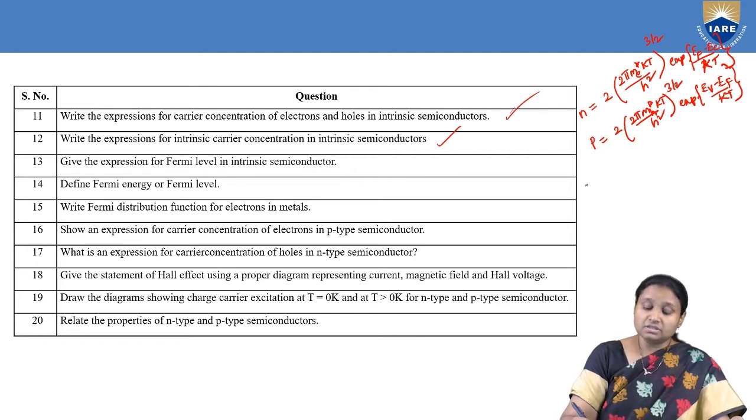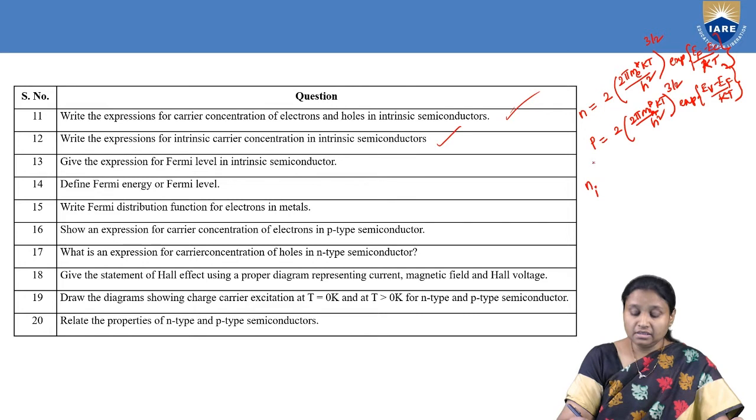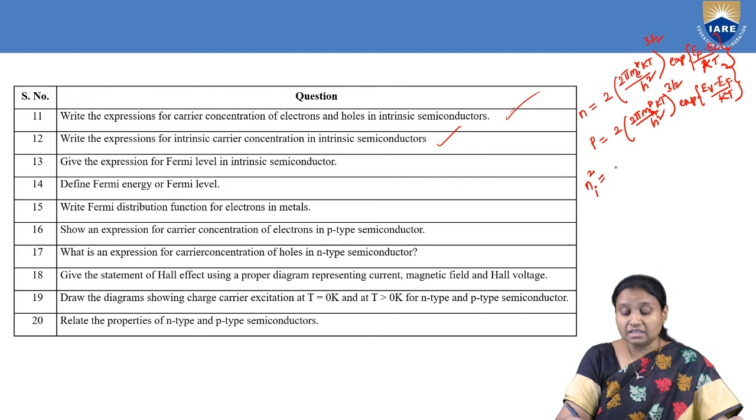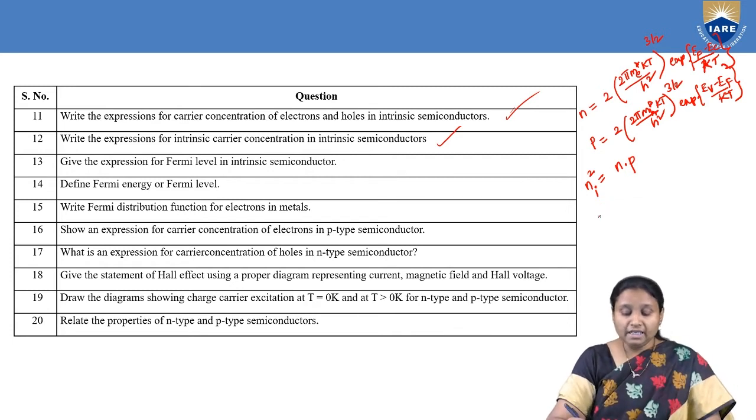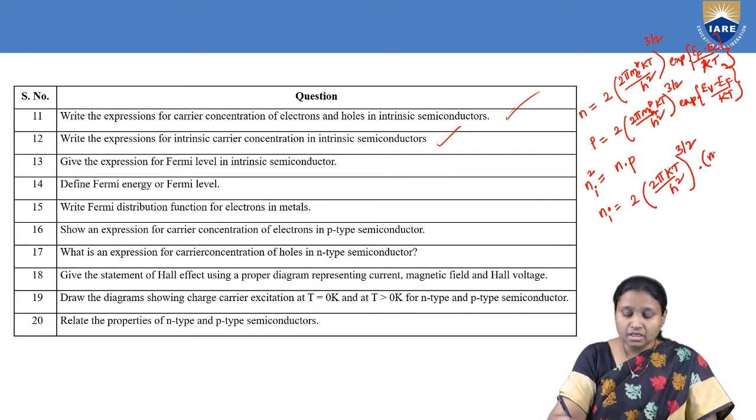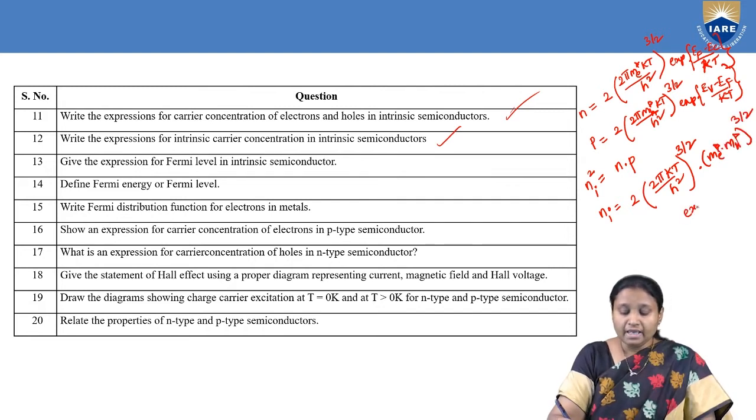Then write the expression for intrinsic carrier concentration. Now intrinsic carrier concentration is represented as ni, and in order to get it, we multiply the expression for density of electrons in the conduction band and density of holes in the valence band. If we do it, we end up with intrinsic carrier concentration as 2 into (2 pi kT by h square) whole to the power of 3 by 2 into (me star mh star) whole to the power of 3 by 4 exponential of minus Eg by 2kT.